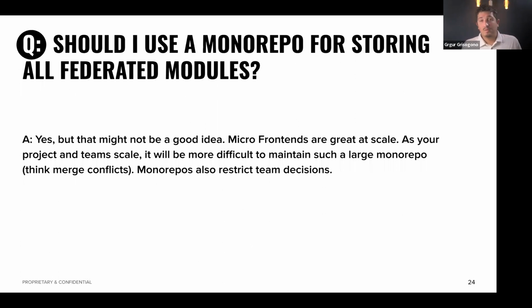Then monorepos. Monorepos do sound like a great way to keep all microfrontends in the same place. But I would advise against that, because monorepos are just like an apartment building. You have a small piece of real estate, but you need to follow those common rules like no pets, no loud music.